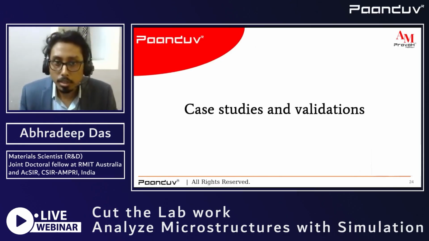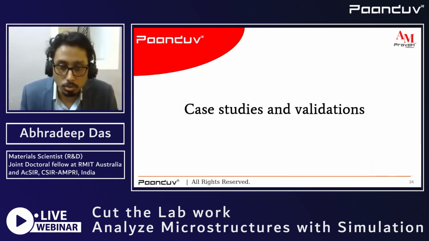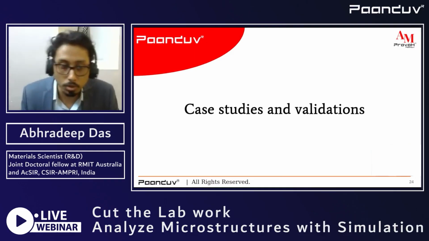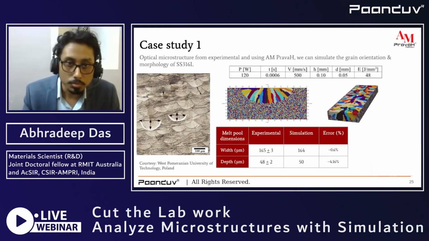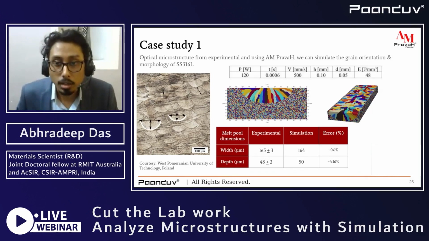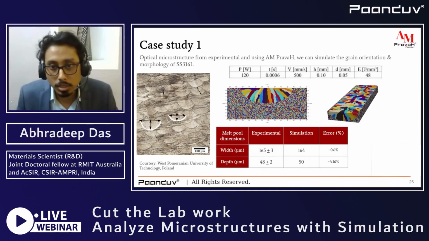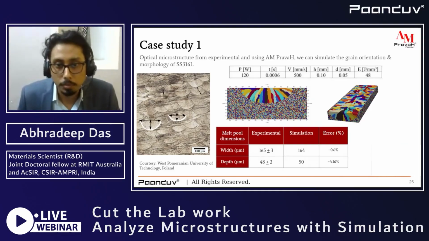I will be navigating the further slides using the case studies and validations that we have done to showcase the capabilities of our microstructure module at AM PravaH. For case study 1, I will be considering an optical micrograph. In general, when you have an additively manufactured component, we take it out and do the basic microscopy.